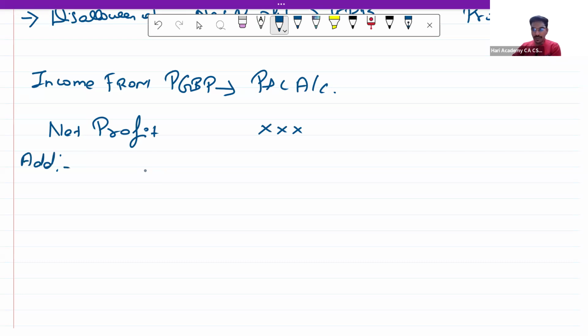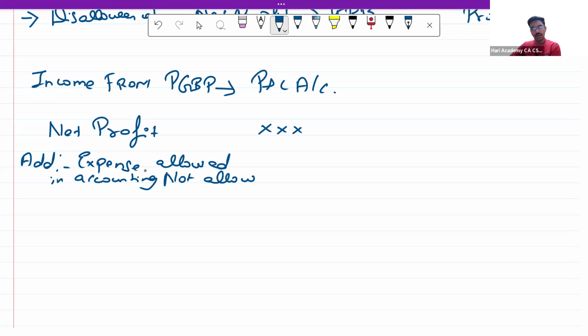The first addition is expense allowed in accounting but not allowable in income tax. This is the first type of disallowance.